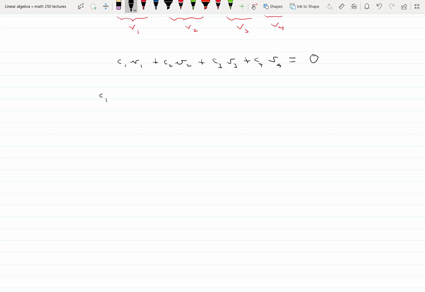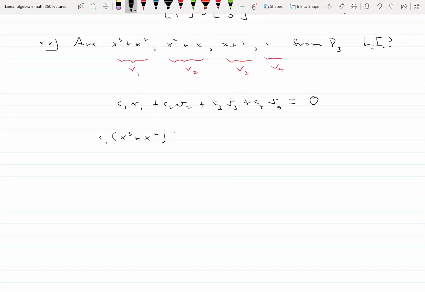So this says that c1 times x cubed plus x squared, plus c2 times x squared plus x, plus c3 times x plus 1, plus c4 times the constant polynomial 1 equals 0.